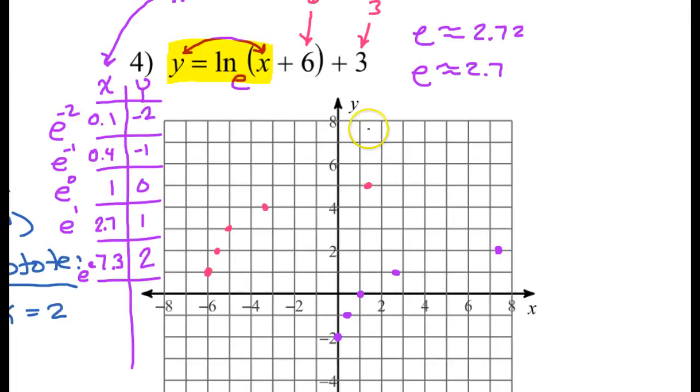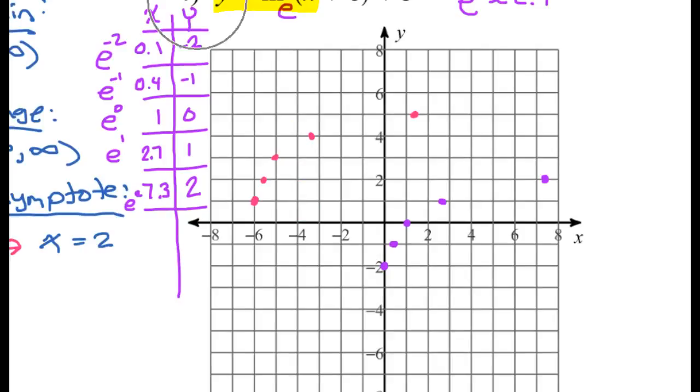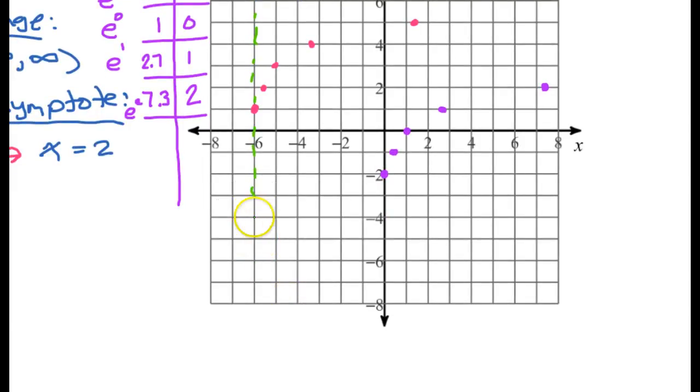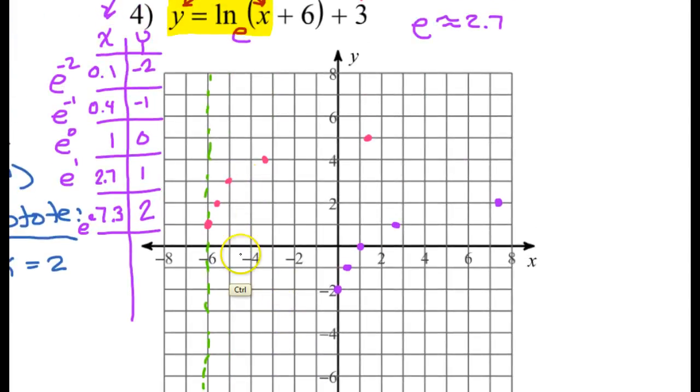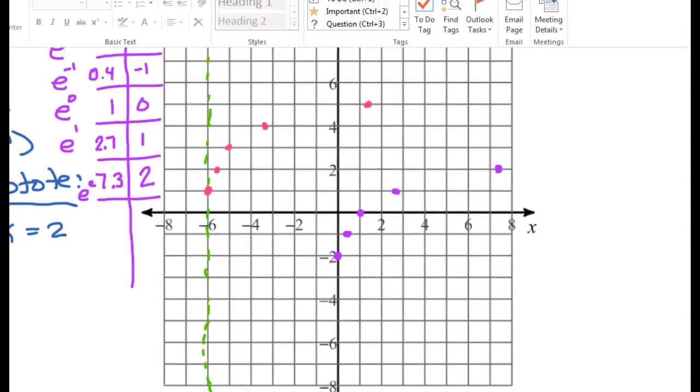Okay, the vertical asymptote, because of the left 6 shift, my vertical asymptote will be over here at x equals negative 6. So this is my vertical asymptote. Go ahead and draw a dotted line at x equals negative 6. So there's my vertical asymptote. And then go draw your graph using these 5 points.